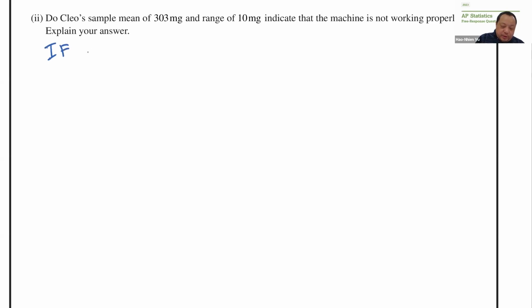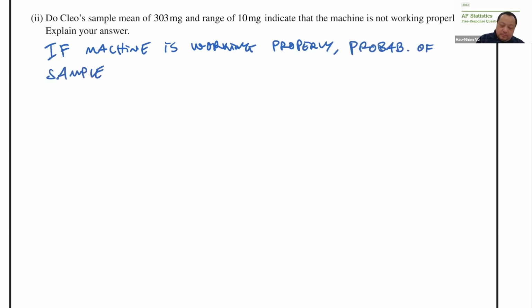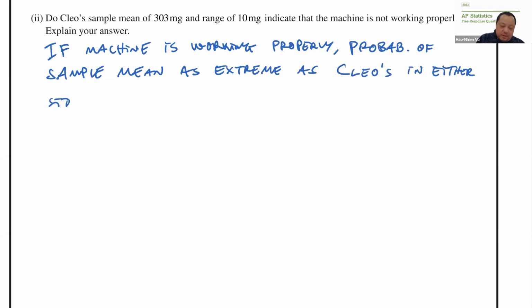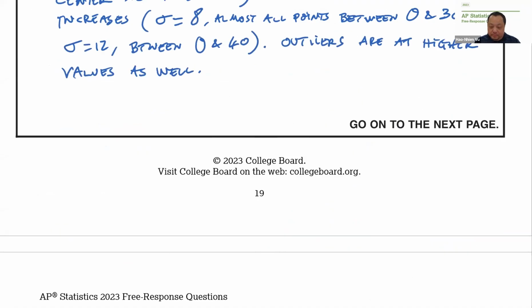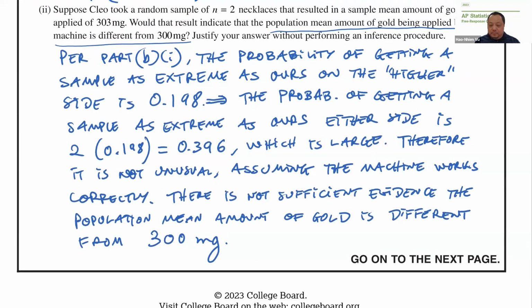If the machine is working properly, then the probability of a sample mean as extreme as 303, actually as extreme as Cleo's, on either side is something we already calculated in part B, 0.396.